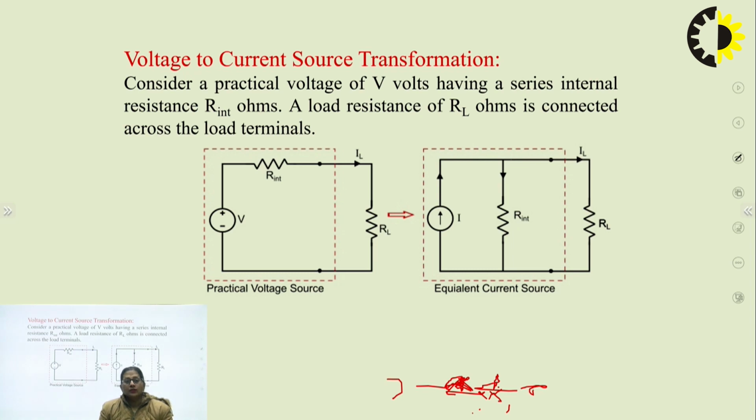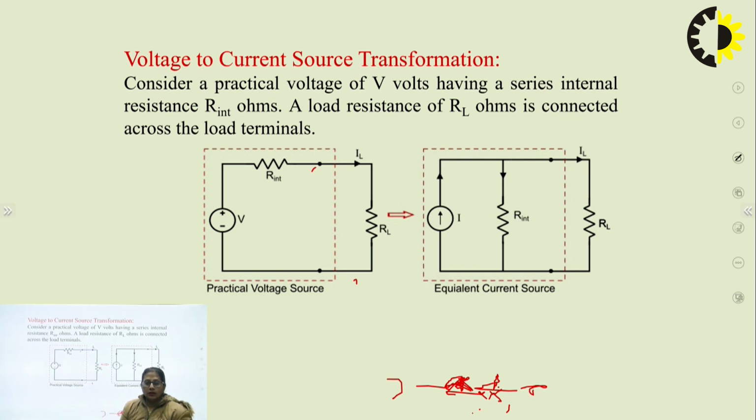So I can transform this voltage source into its equivalent current source across the terminals, the load terminals. I can transform this voltage source and its internal resistance, where this is V and this is R, into a current source having I as the value.